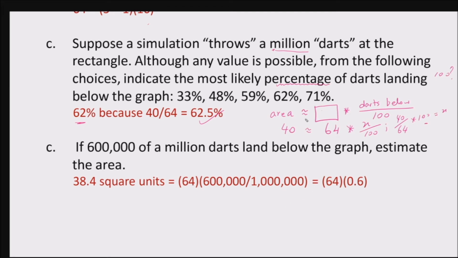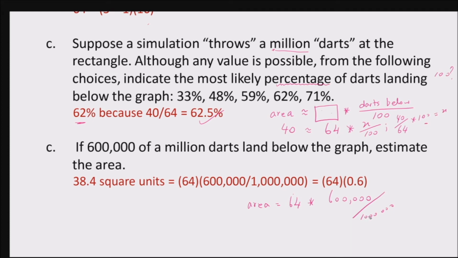We always use this equation: the area is equal to the rectangle area, 64, multiplied by the number of darts below, which is 600,000, divided by 1 million.